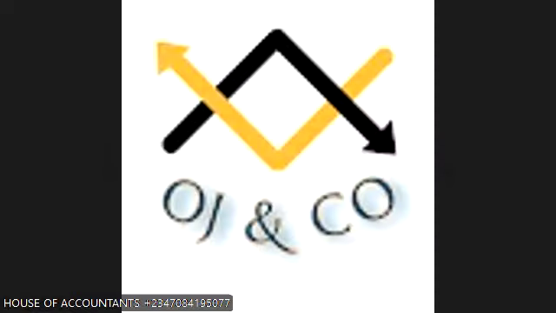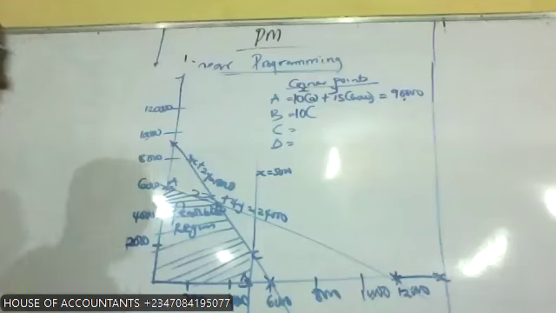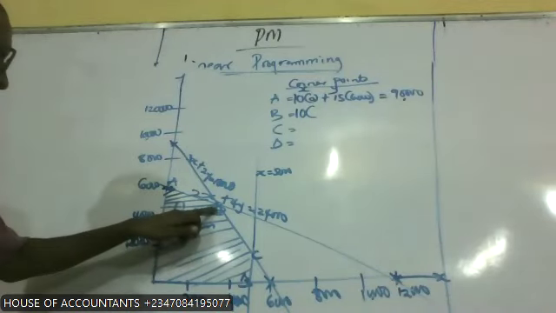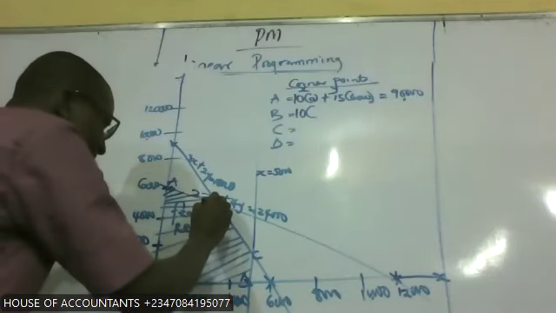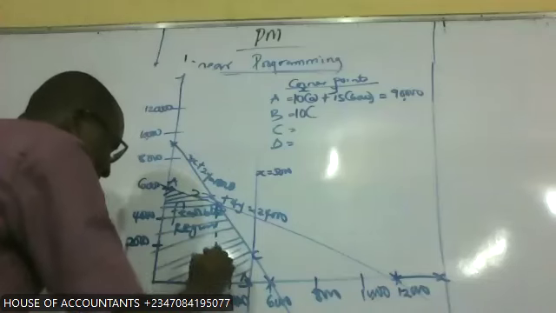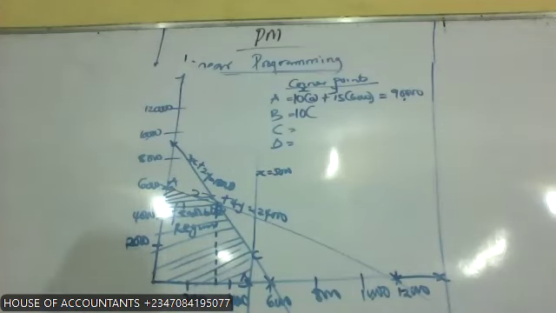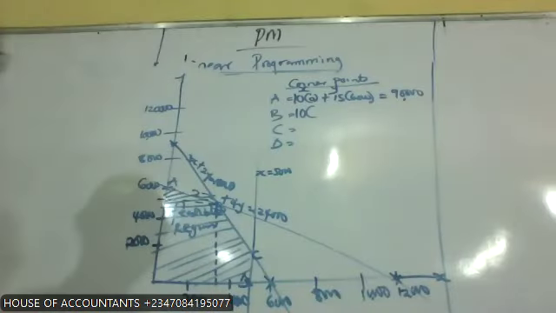Okay, then X for B, we have Y. Let's talk about X first. Y is 5,000. X is 5,000. This cannot be 5,000. Y is 43.